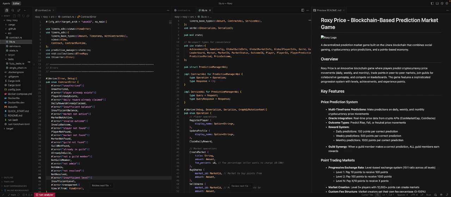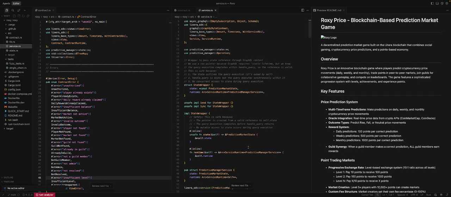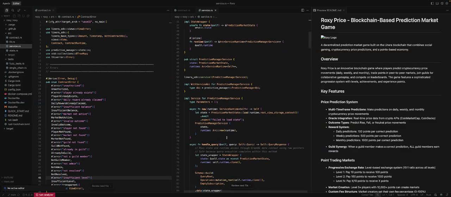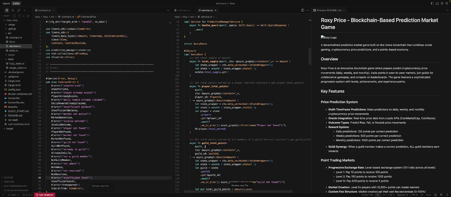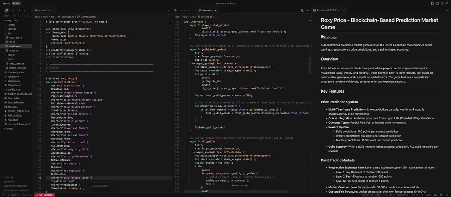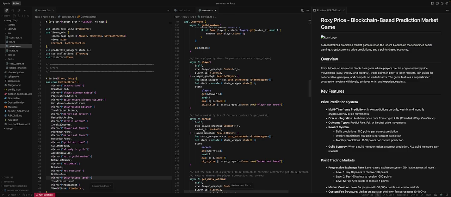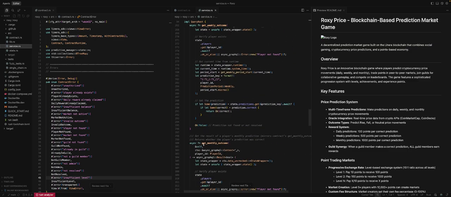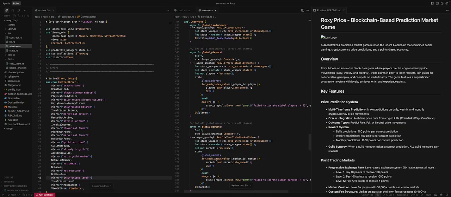So let's go to the service. The service is basically where all the read-only functions are, that is, querying the chain. You can see that this is where I start: total supply, the player total points, the guide total points, all guides, guide members, players, and the markets, get daily outcome, get weekly outcome, get monthly outcome, get leaderboard, global players, global market.